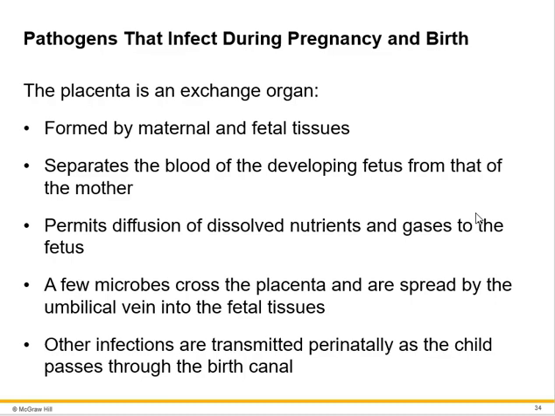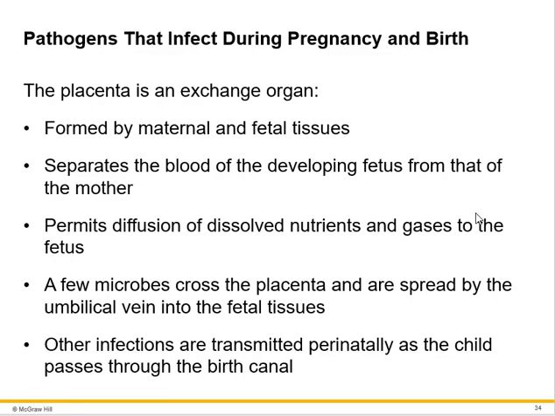They don't cross paths unless there's a breakage of some sort, like what happens during childbirth. It permits a lot of diffusion of nutrients and gases to the fetus, and a few of the microbes can cross the placenta because they're small enough, and they are spread by the umbilical vein into the fetal tissues. So if the mother has it during pregnancy, that can be passed to the child.